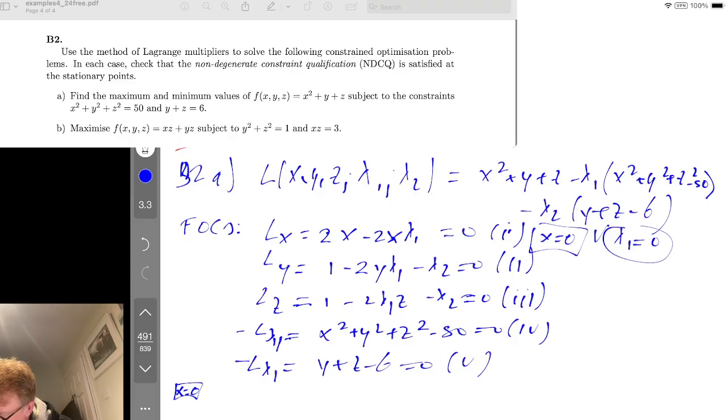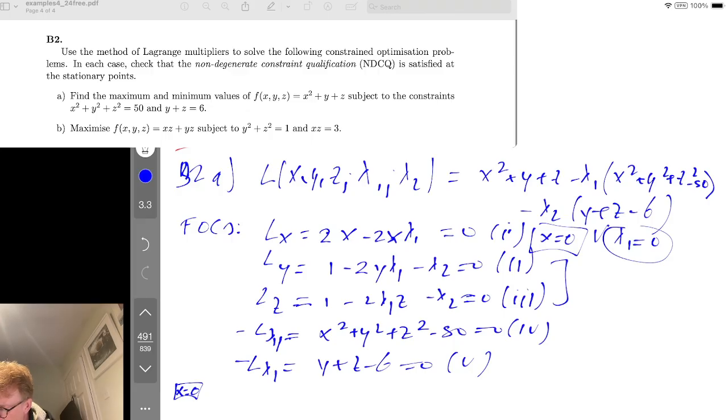Since 2 and 3 both have a lambda 2, we can subtract them.